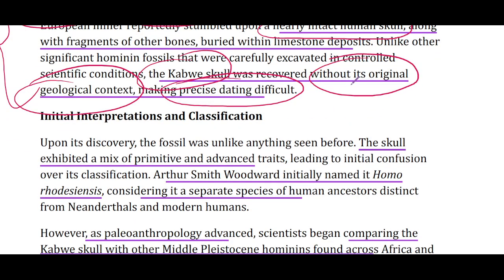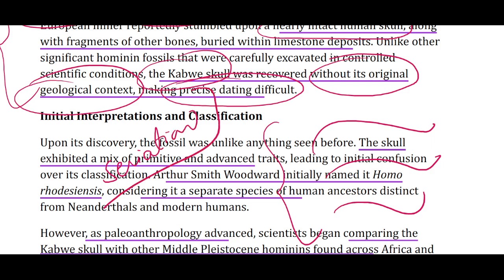अब ये जो term है, absence of original geological context, it can be explained as, you might have heard about the seriation method in relative dating. So in this method, different layers are studied to compare the approximate date of a particular artifact.